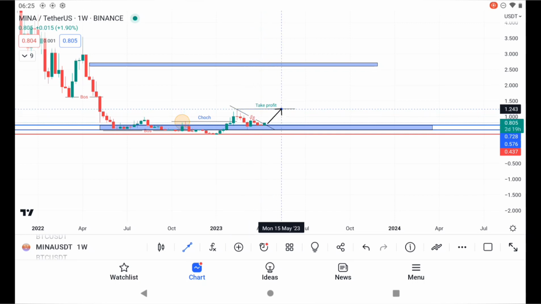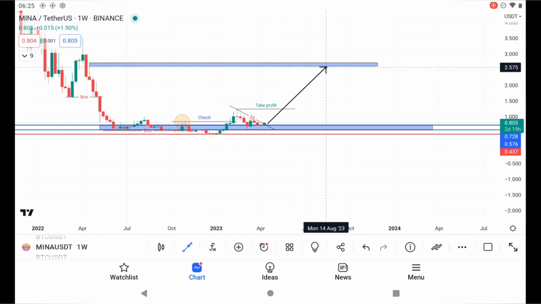After this take profit is achieved, here will now become our support level. Then here will be our next target, 2.6, and then let's see how it plays out. 2.6 on this Mina USDT on the weekly time frame, most likely, before price retraces downwards again.